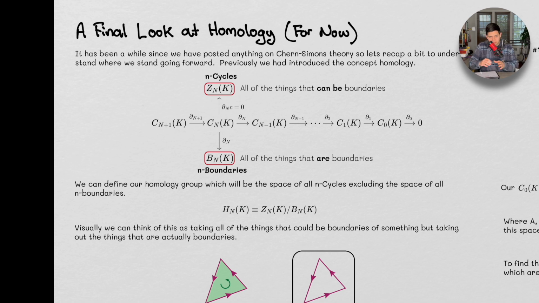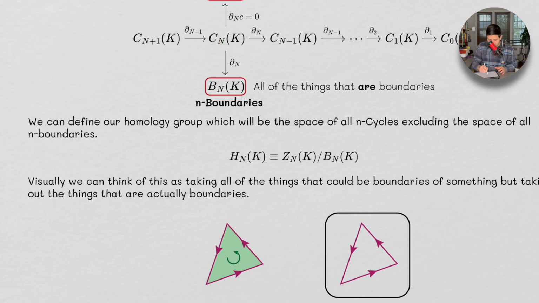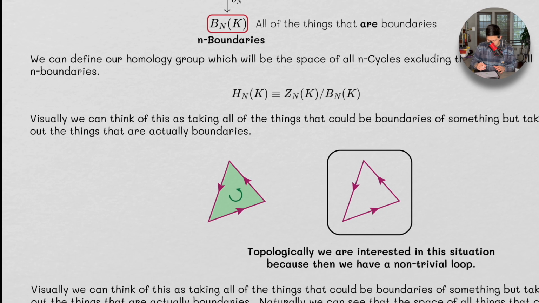So thinking about this schematically or diagrammatically, we have this space C_n, and Z_n is all the things that can be boundaries. If we're looking at C_3, it's going to be a three simplex, or a three simplicial complex, however you want to say it. It's going to look something like this, maybe. And its boundary is the purple thing.